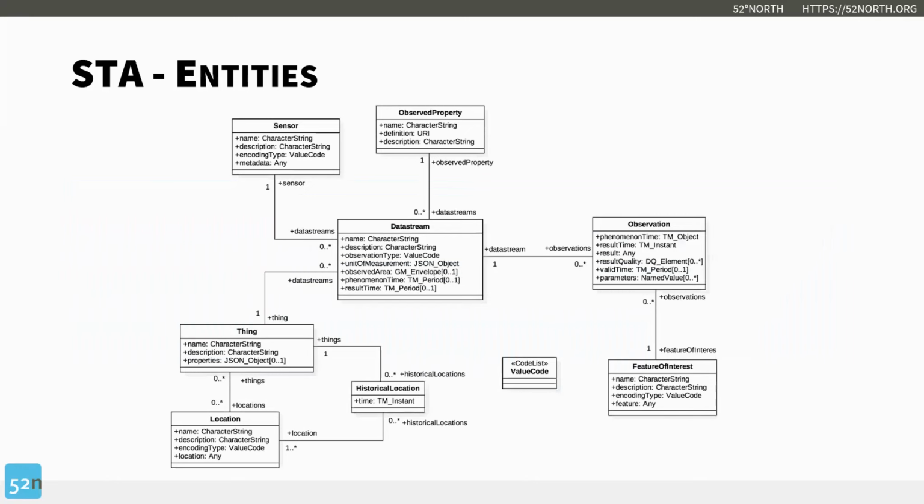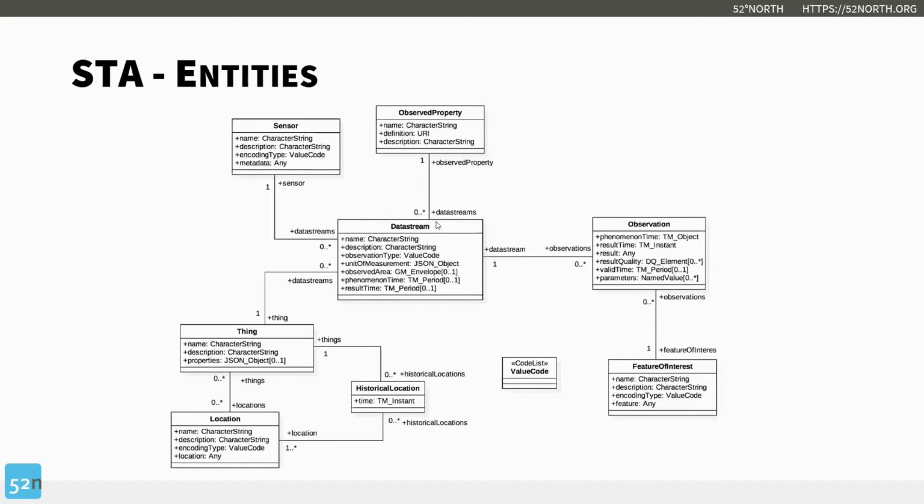This is basically taken from the SensorThings API specification. To illustrate a bit what we are talking about, we have as a central element the data stream. The data stream is new compared to the OGC SOS standard or O&M standard, and data stream basically aggregates multiple observations for a specific observed property, for a specific sensor, and for a specific thing. So that's a data stream.